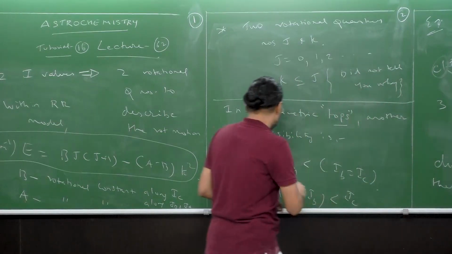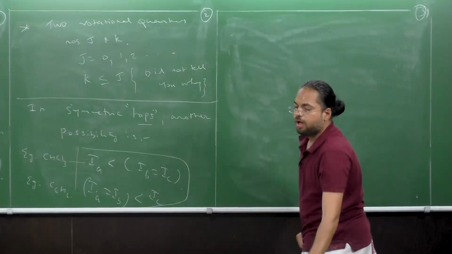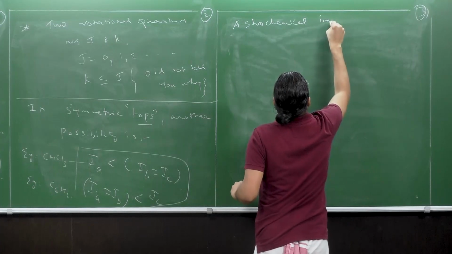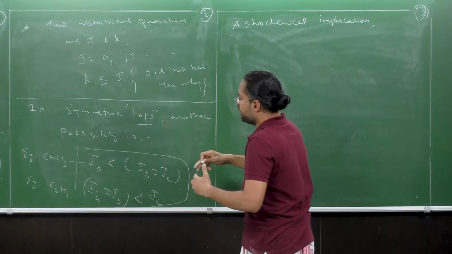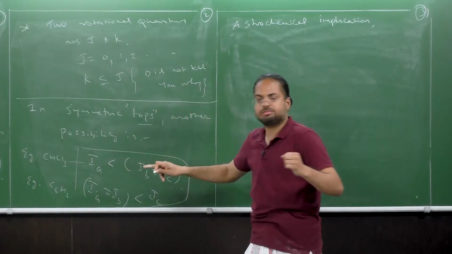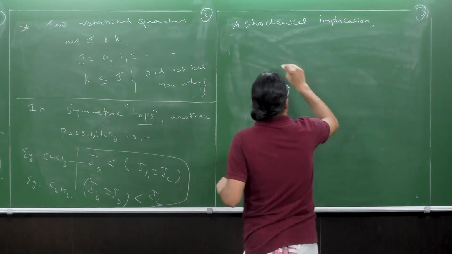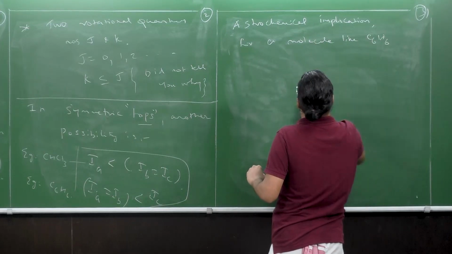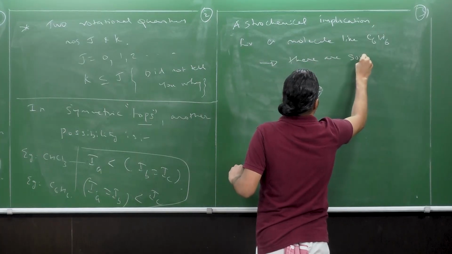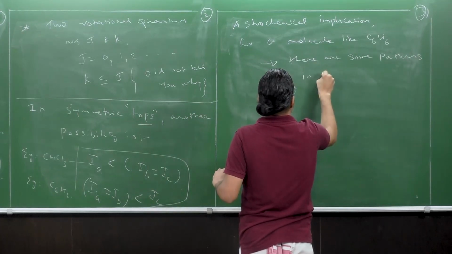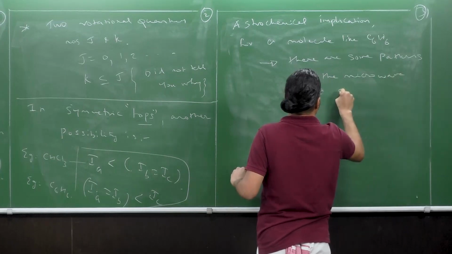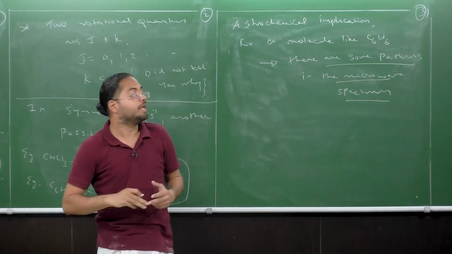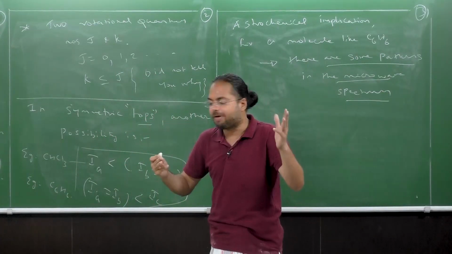Now, what is the astrochemical implication of this particular aspect? The astrochemical implication, due to the reduction in the number of distinct moments of inertia along the principal axes, is that for a molecule like benzene, there are some patterns in the microwave spectrum through which you can easily identify the fact that there are going to be two rotational constants.